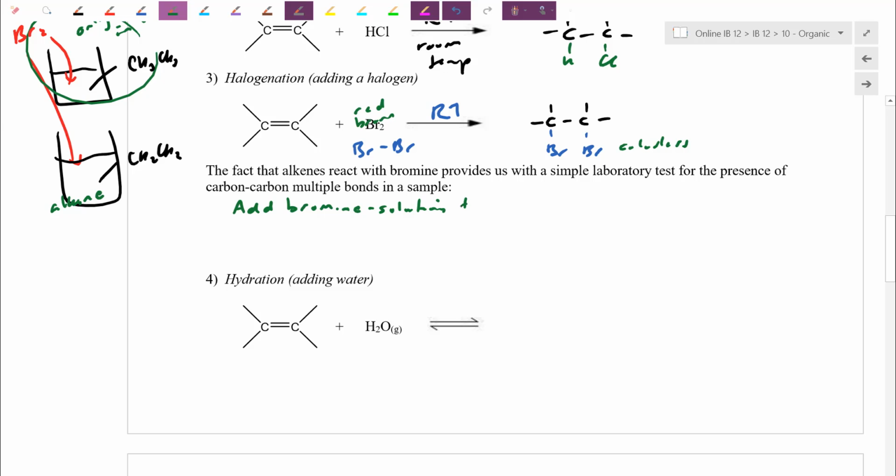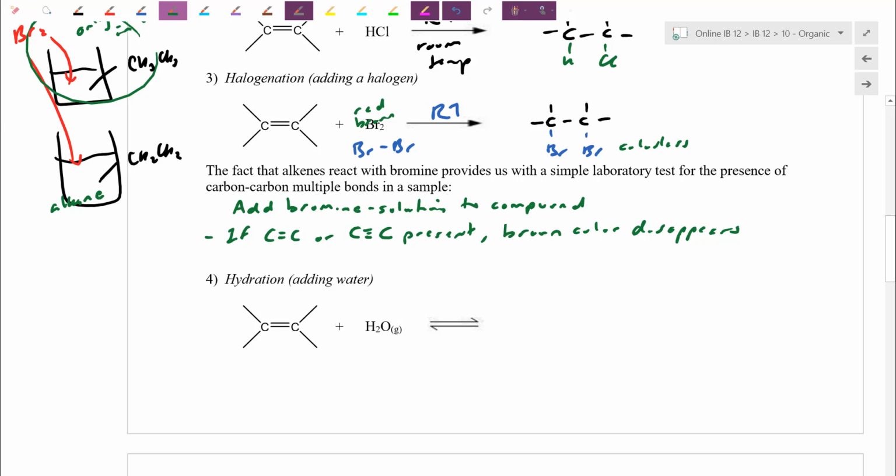Add bromine solution to your compound. If we have either a C double bond C or even a C triple bond C, so an alkyne would do this reaction as well. If these are present in any form, the brown color of the bromine disappears. Right? It's going to become colorless.